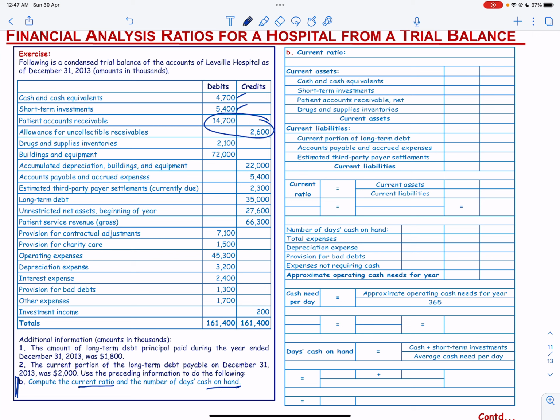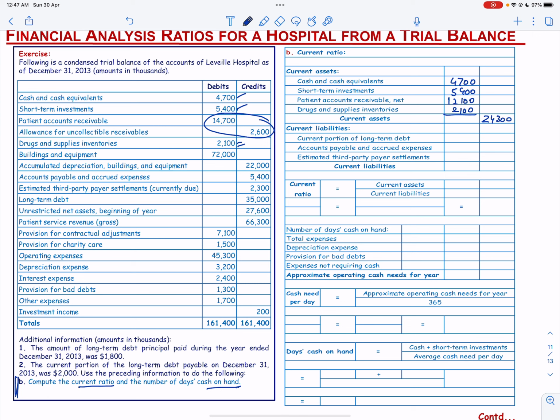And then we have the drugs and supplies as well. So we have 4,700, 5,400, and then 14,700 minus 2,600 will give us 12,100. Drugs and supplies is 2,100, and the total current assets will be 24,300.